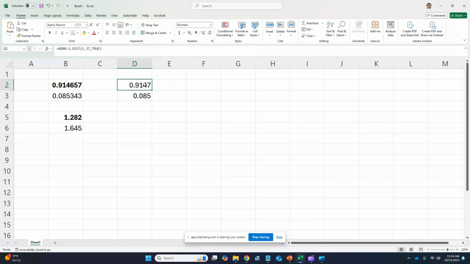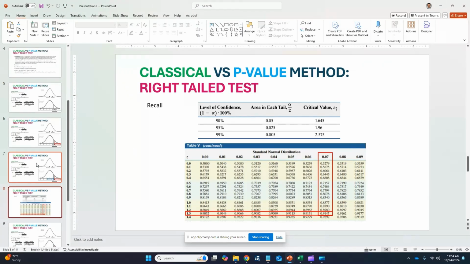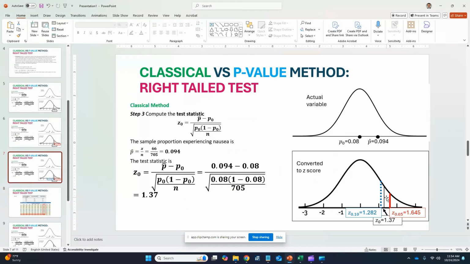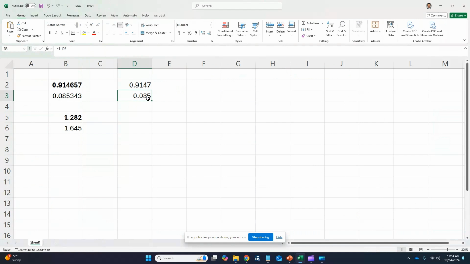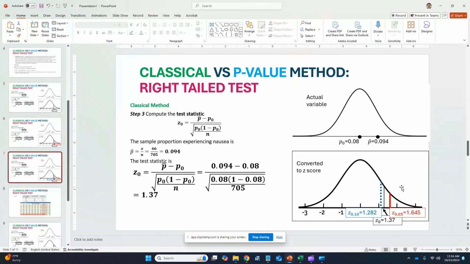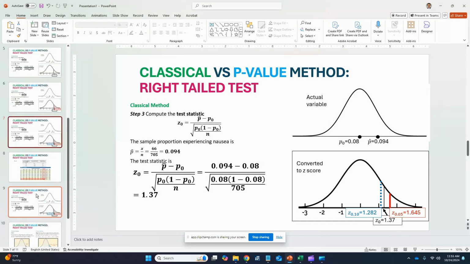And when we subtract this number from 1, we get 0.085. That means the area to the right of this black line is 0.085. In other words, 0.085 is the lowest level of significance where we can reject the null hypothesis.